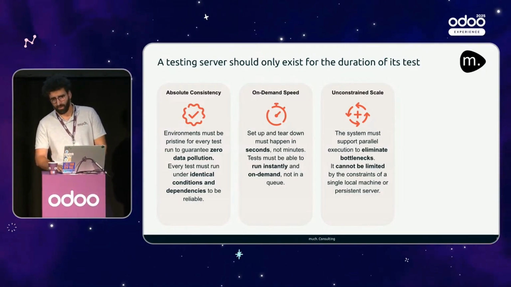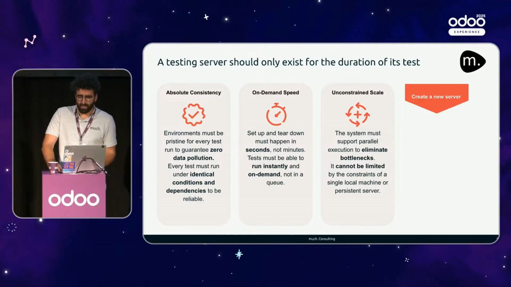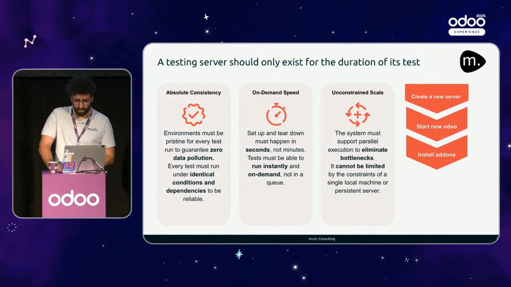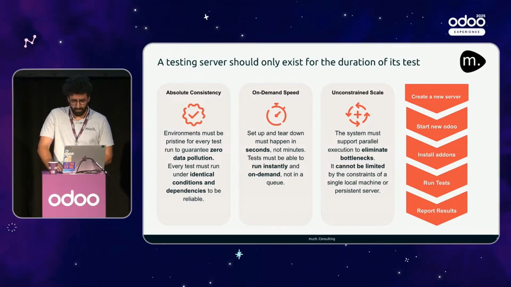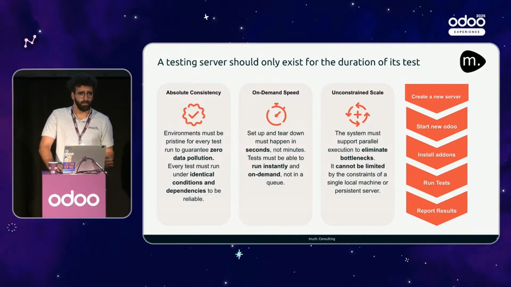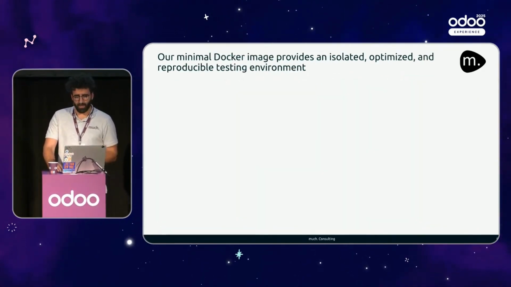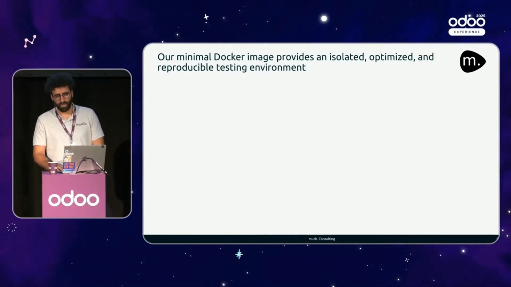So essentially the conclusion in the end is we needed something where we can create a server, start a new Odoo, install whatever we need to install, run the tests, report the results, kill the server, done. This is where the idea of this minimal Docker started to take place.